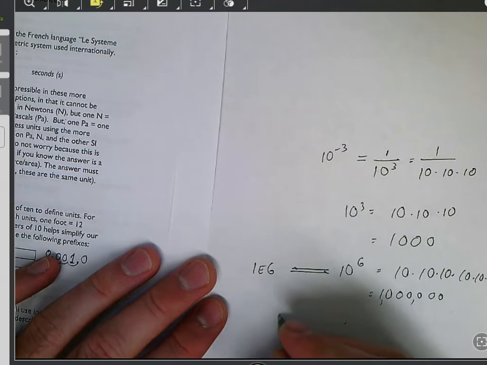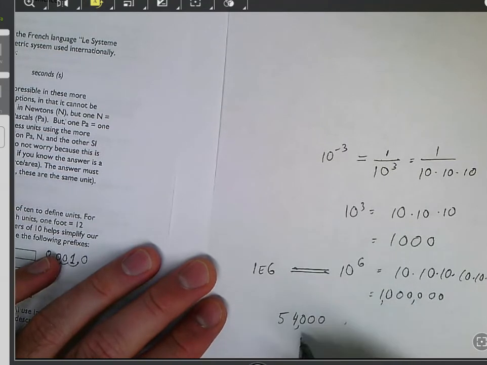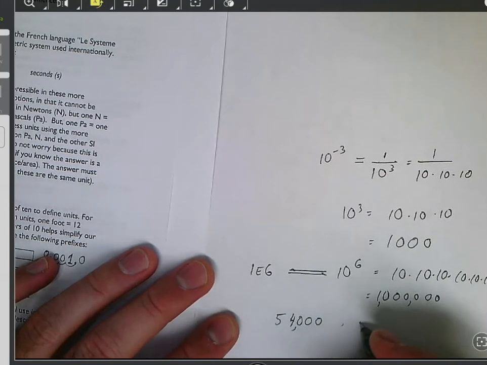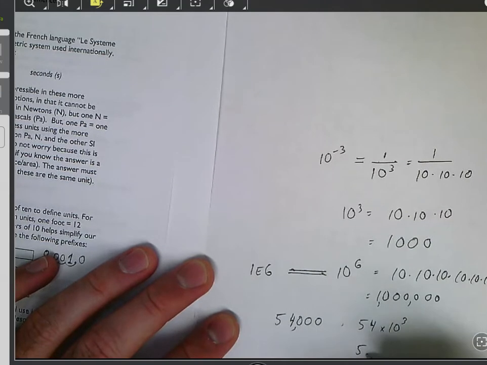What if I wanted to write 54,000? Well, there's a couple of ways I could go about it, but one way is that I could write it as 54 times 10 to the 3. Or I could write it as 5.4 times 10 to the 4, right?